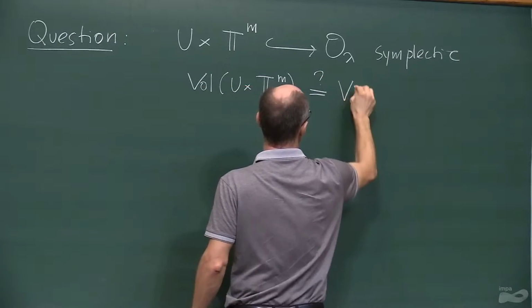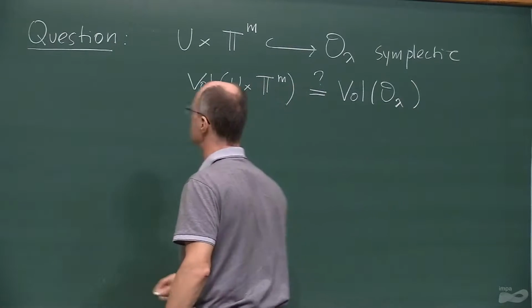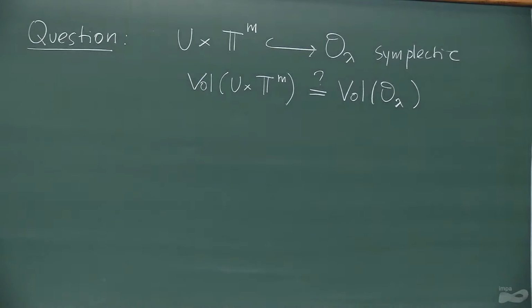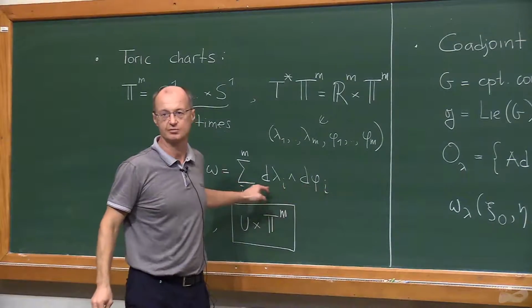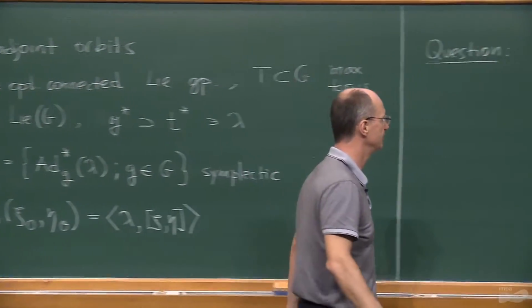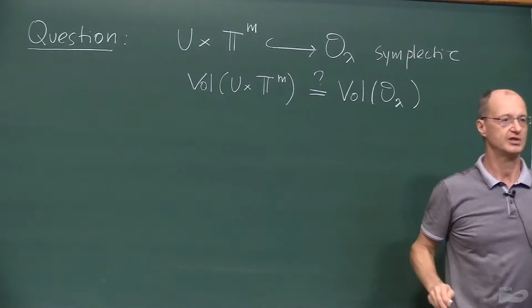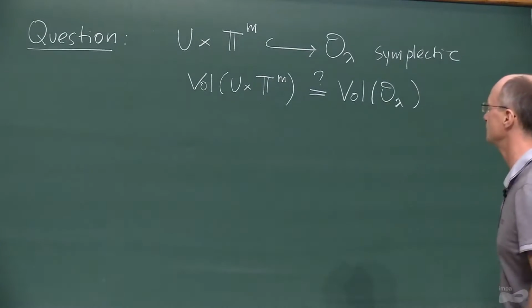Well, maybe we can ask the symplectic volumes to be the same. Here the volume is with respect to this Darboux form, and here with respect to the KKS symplectic form that I wrote on the other blackboard.